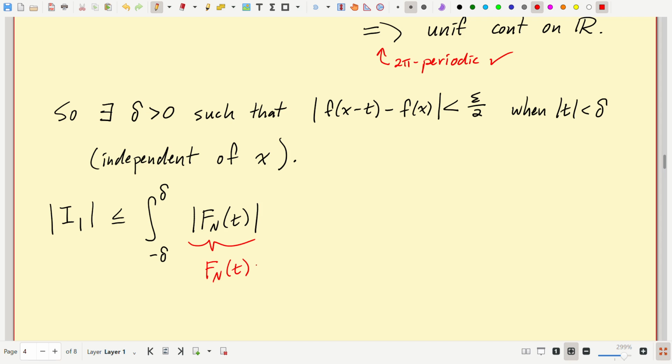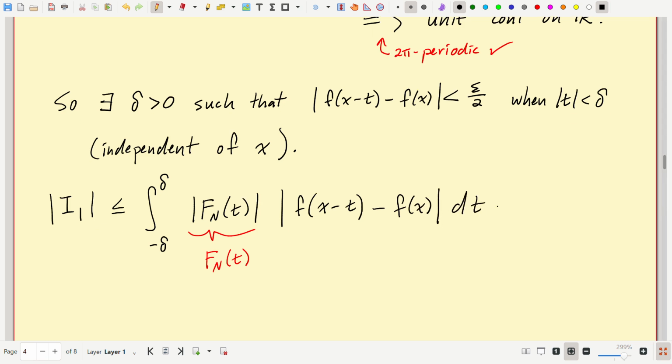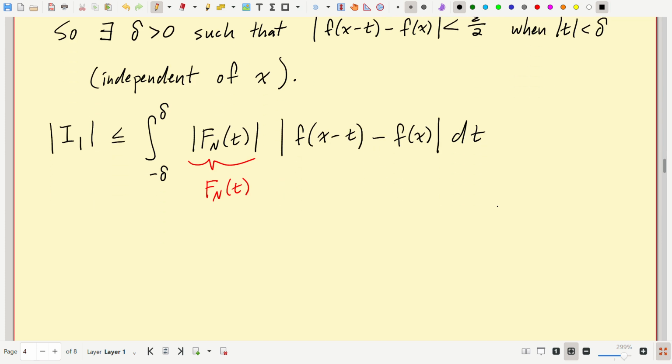So there I've used one of the good properties. Here I get absolute f of x minus t minus f of x, and I integrate dt. This is less than or equal to epsilon over 2.